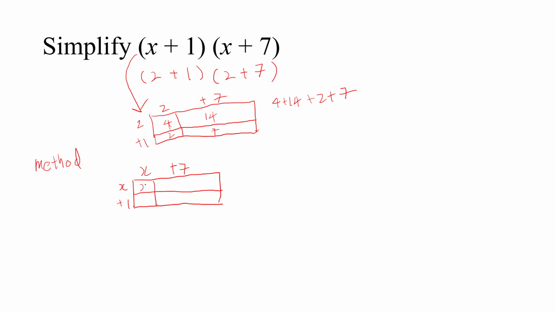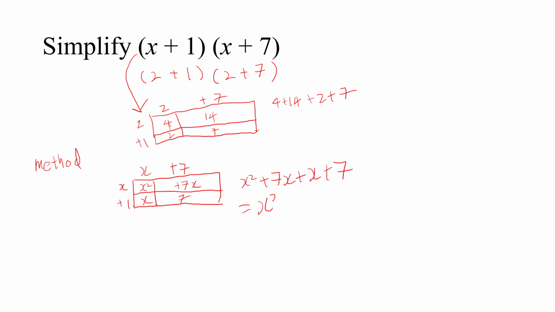x times x will give me x squared. x times 7 will give me plus 7x. Plus 1 times x will give me x. Plus 1 times 7 will give me 7. So to write them all out, I will get x squared plus 7x plus x plus 7.